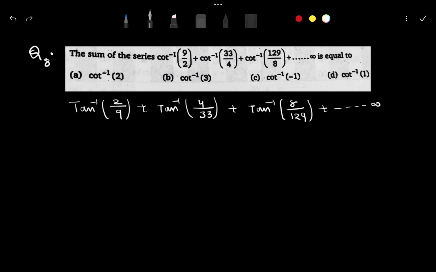Now you can observe that the numerator value is 2. 2 means 2 power 1, 4 will be 2 square, 8 will be 2 cube. So the general term, the numerator value, is 2 power r.